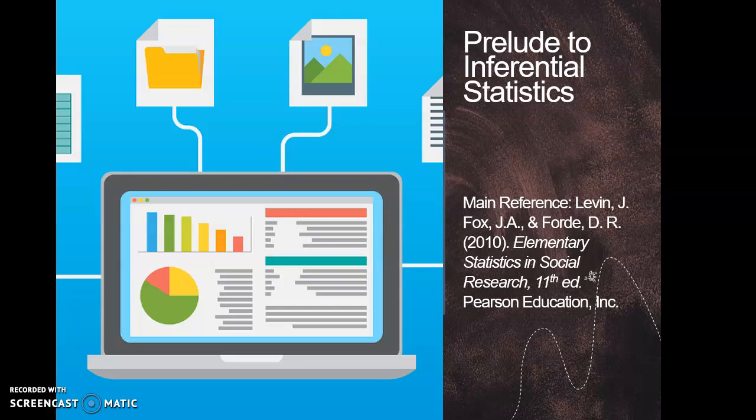And statistics is there to guide the researcher regarding his or her decision making. The decision maker is still the researcher, and statistics is only a guiding tool to support the researcher's decision.